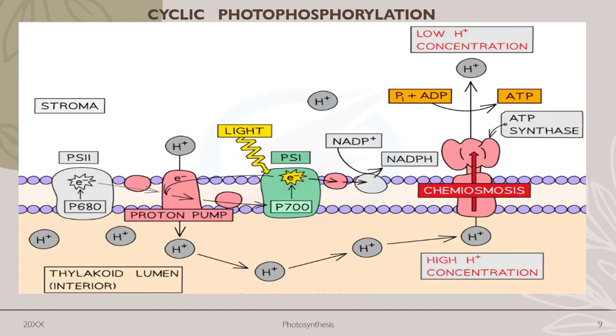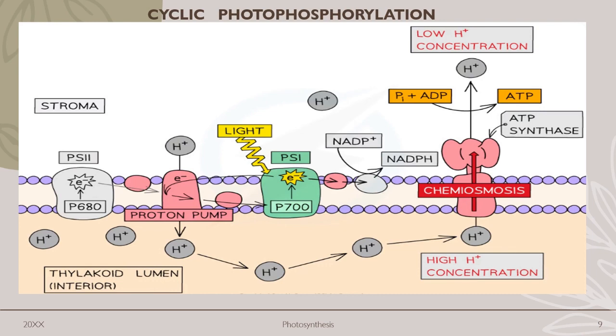When the hydrogen ions are transported into the thylakoid lumen, they then go to ATP synthase. When there's a high concentration in the thylakoid lumen, they're going to move outside down their concentration gradient, through the ATP synthase.